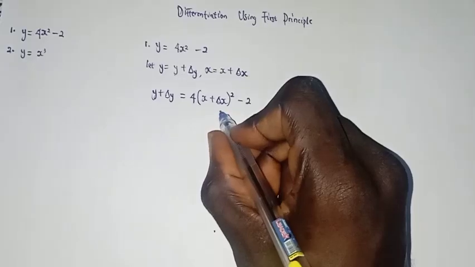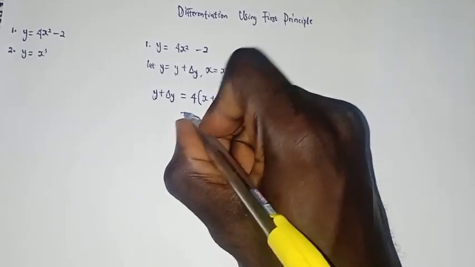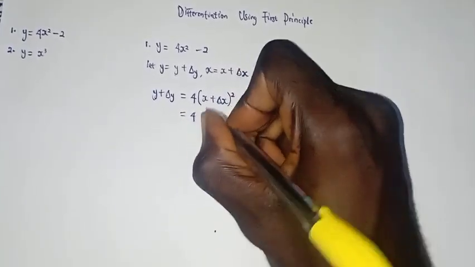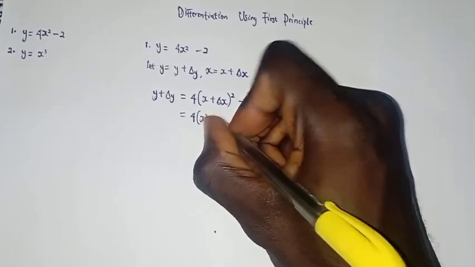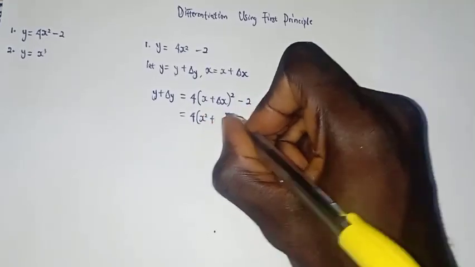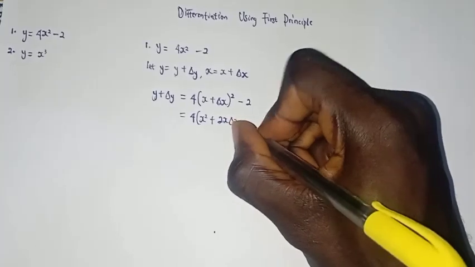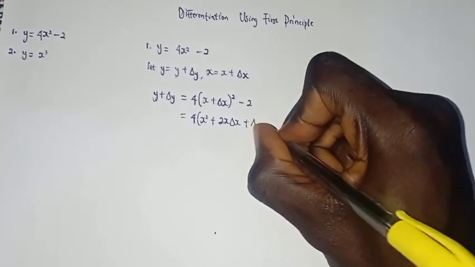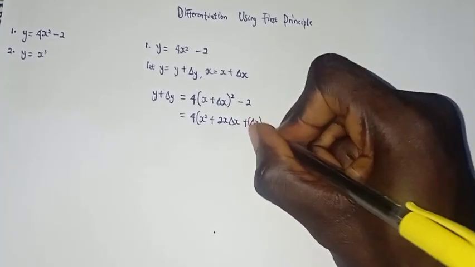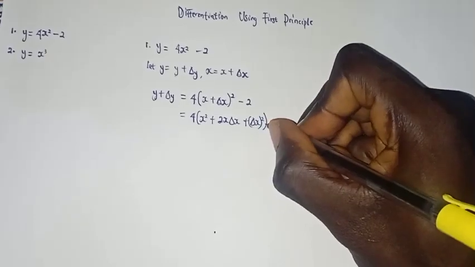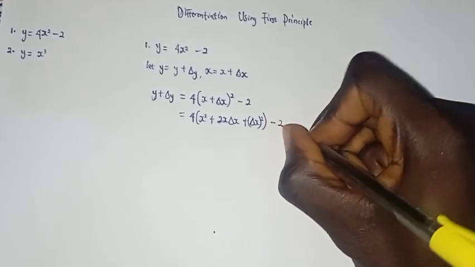And now let's open up the bracket. This becomes 4 bracket open x squared plus 2x delta x plus delta x all squared bracket close minus 2.